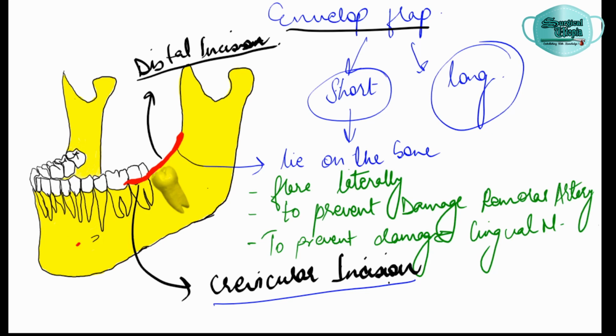So we'll draw that. This is our clavicular incision for the long envelope flap, and everything else will remain the same as the short envelope flap.